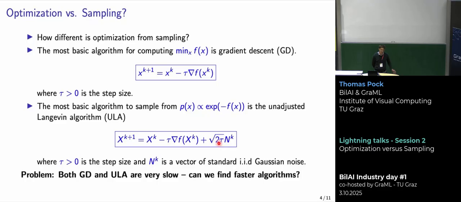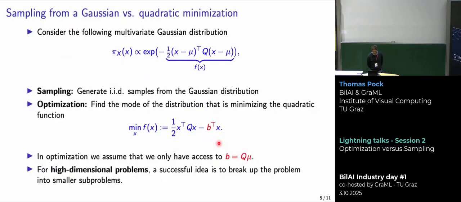In optimization, many researchers have found very nice algorithms to speed up, for example, gradient descent: Nesterov, heavy ball, and so on. But it seems that the sampling literature is much less developed. So let's consider the easiest problem between sampling and optimization. This means sampling from a high-dimensional Gaussian, and the optimization point of view is solving a quadratic minimization problem.